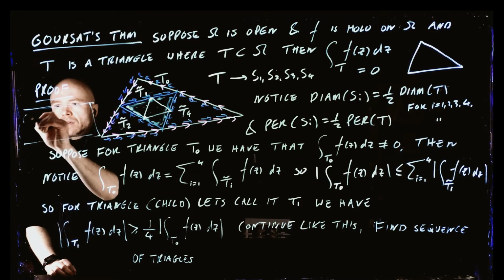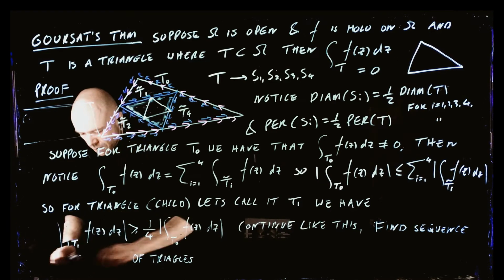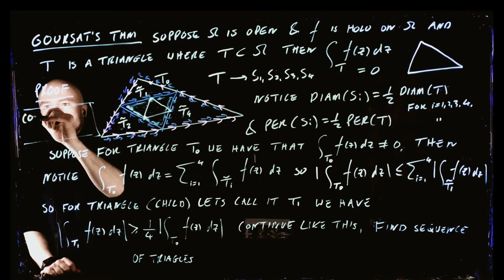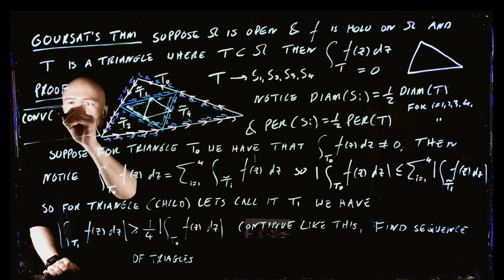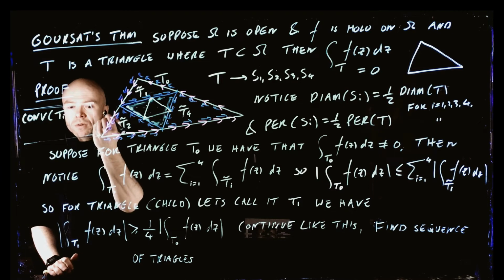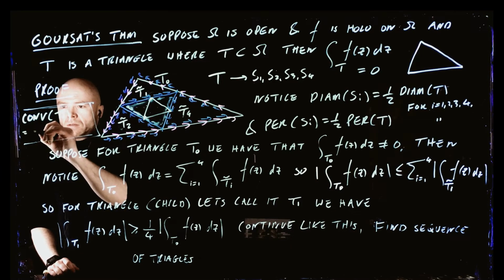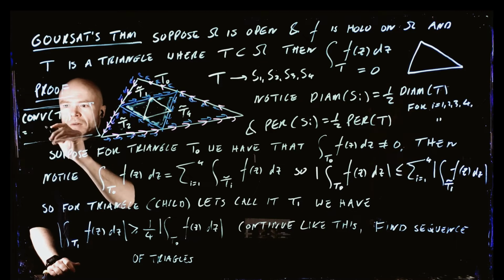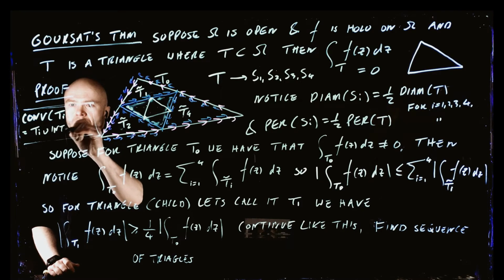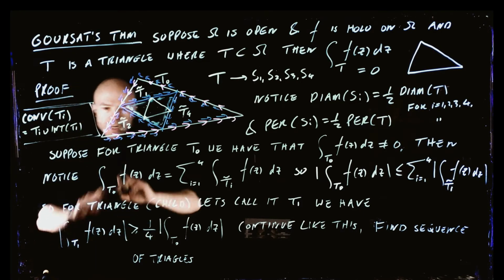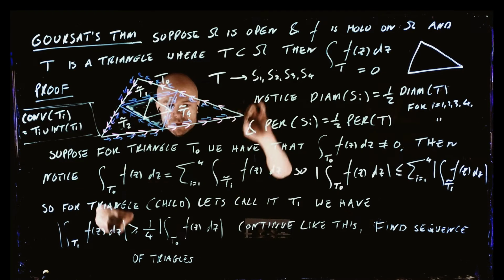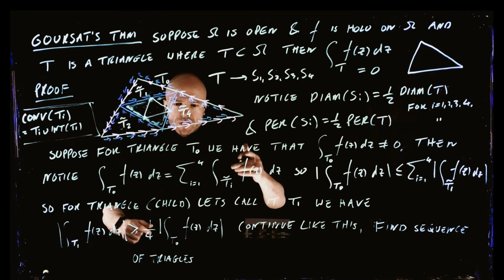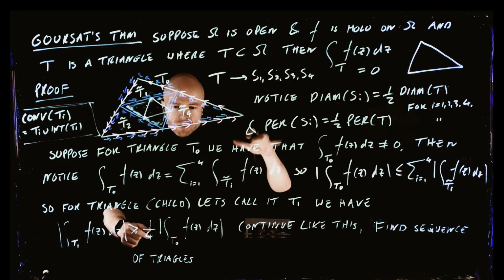Let's define conv of any triangle Ti to be the solid triangle. So it's the triangle plus its interior, Ti union interior of Ti. By interior, I mean every point inside the triangle Ti. I write conv because it's the convex hull of these 3 lines. If you've learned what a convex hull is, maybe do this if you don't know what that means.